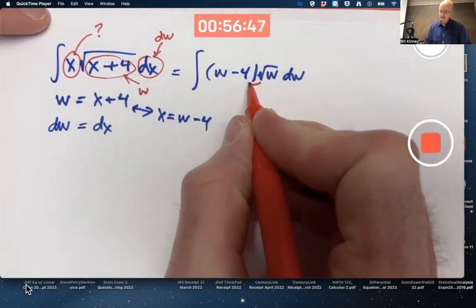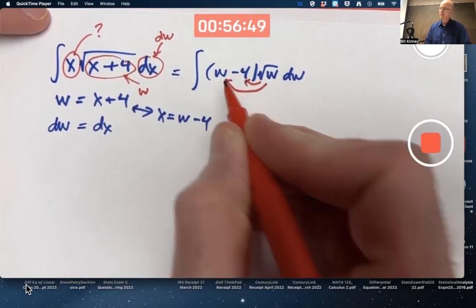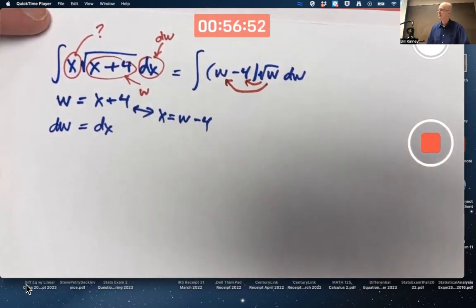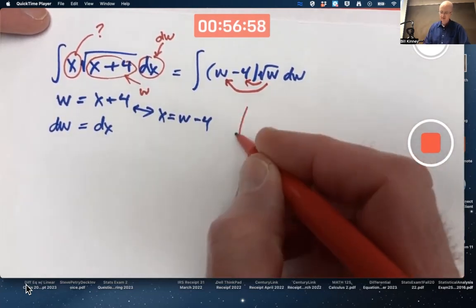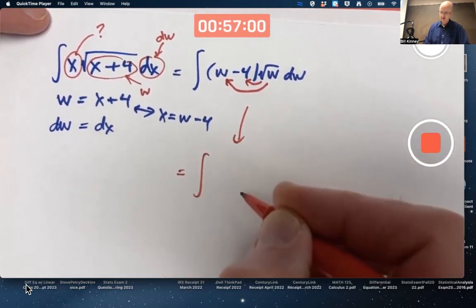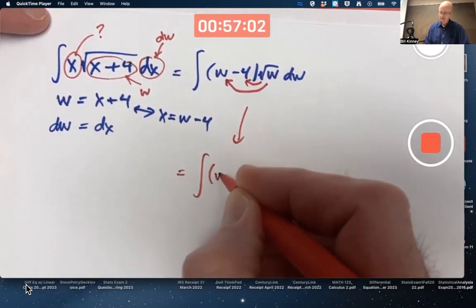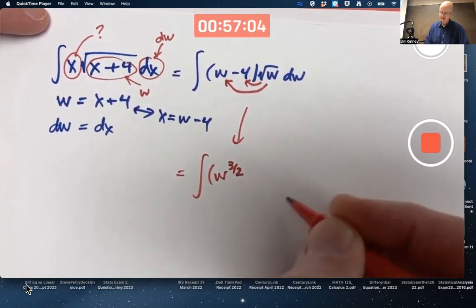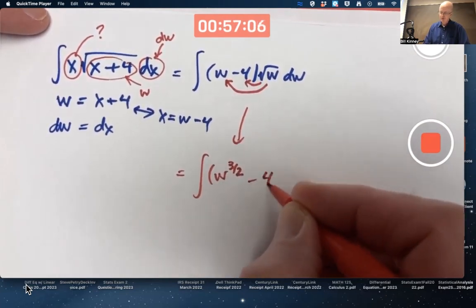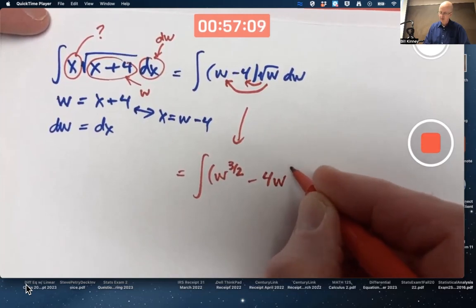Because when we distribute the square root of w through the parentheses here, distributive property, we end up with a difference of 2 powers of w. w times square root of w is w to the 3/2, then minus 4 w to the 1/2.